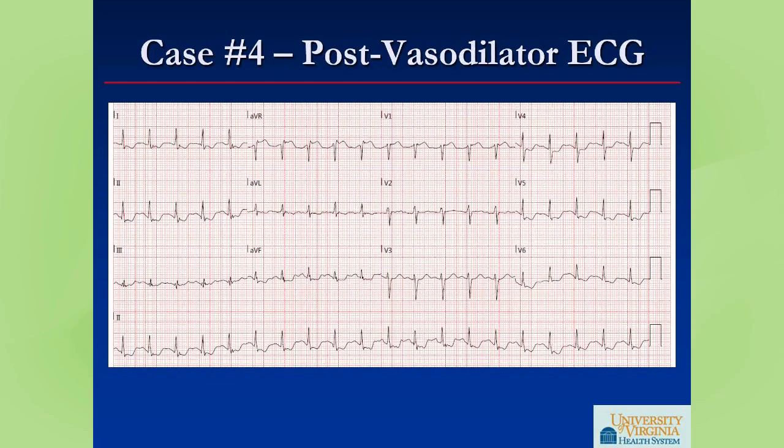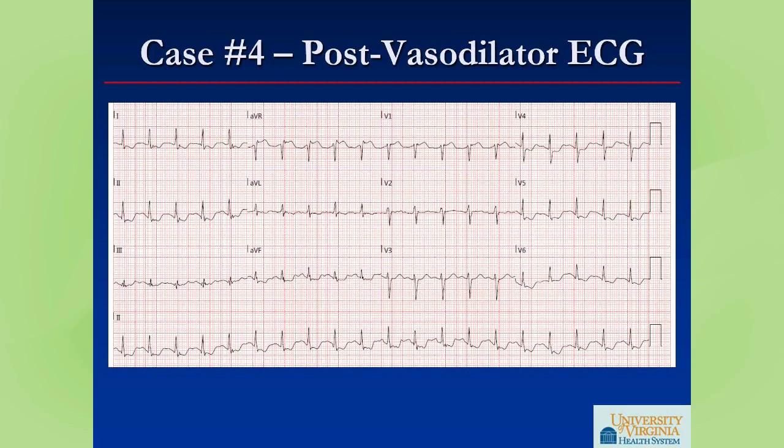There is some debate about what the specificity of a vasodilator ECG is, but I think the majority of data and current expert opinion is that a vasodilator ECG that's positive is concerning for coronary disease, and further evaluation should be considered.